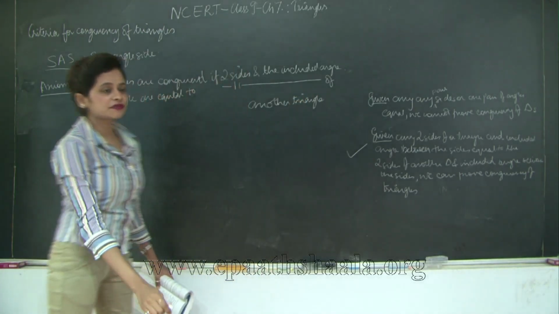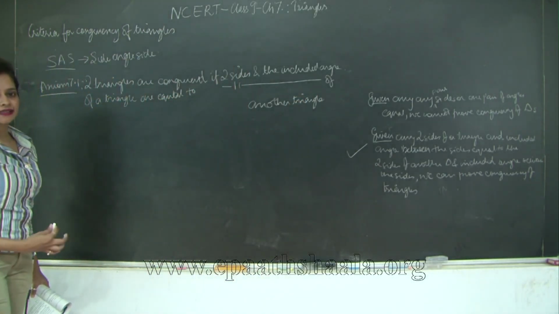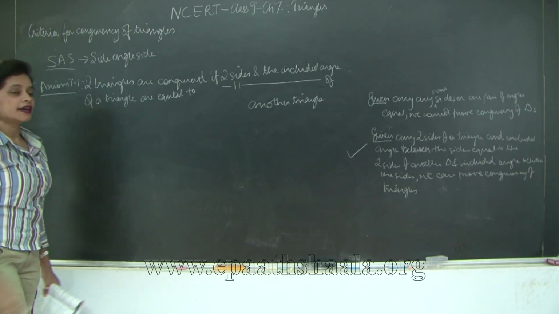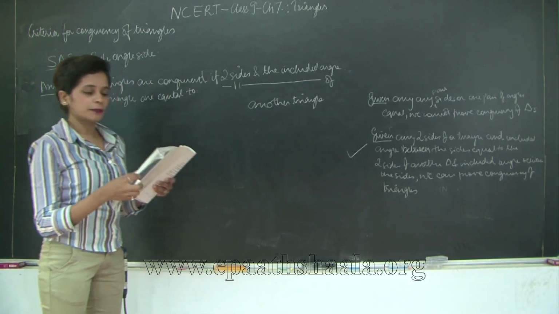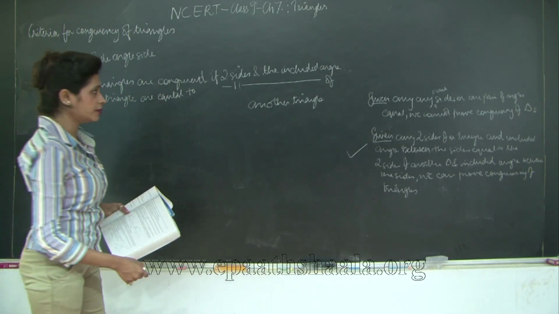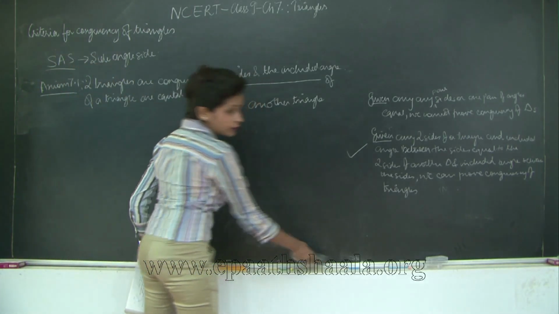So this is your axiom 7.1. Now based on this axiom, we are going to take a look at a few solved examples on pages 113 and 114. Let me just erase the board and write down the questions for you.